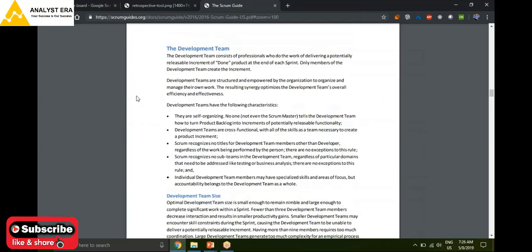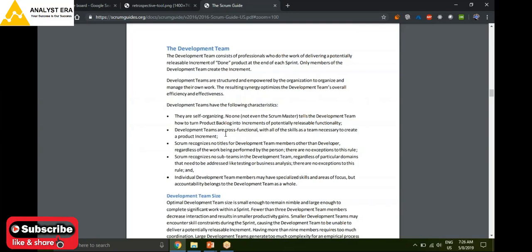Then about the development team. What should be the development team's responsibility within a Scrum process? It is also clearly defined. We spoke about a few things. We spoke about cross-functional. We spoke about self-organizing. These are the things which I highlighted in my initial slide.